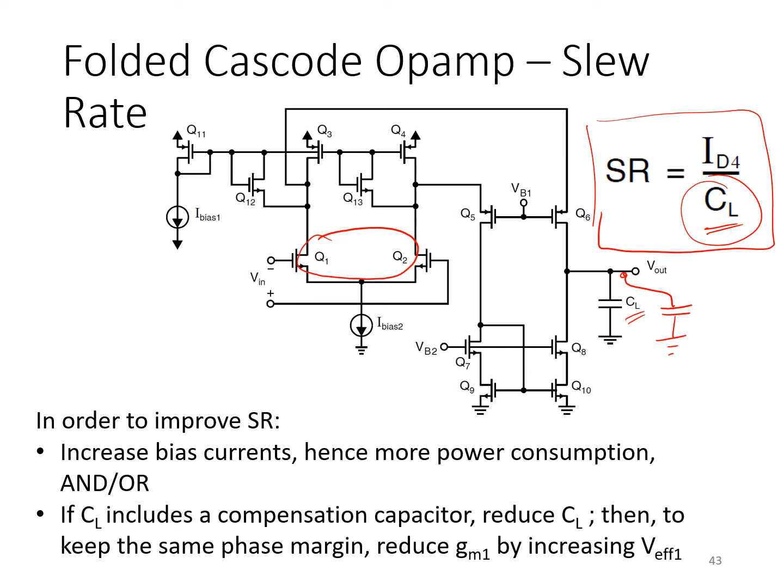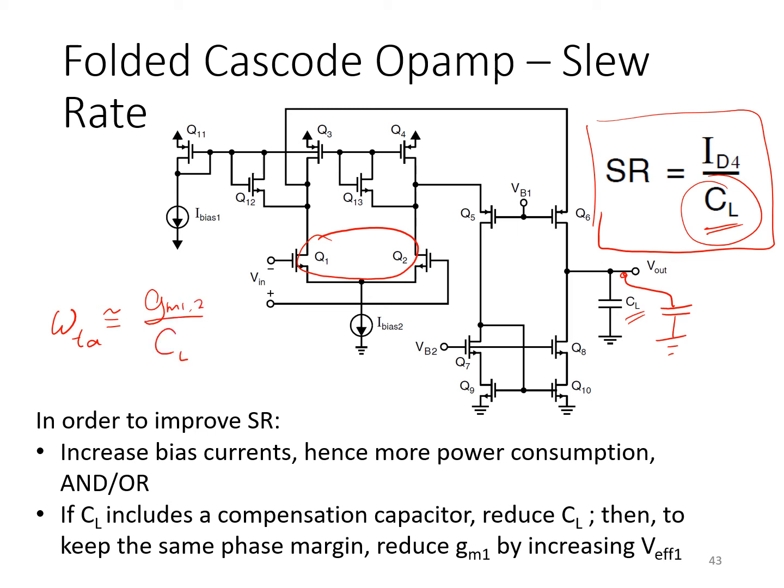You can bias it with a larger V effective. So keeping the bias current the same, you would do that by decreasing the ratio W over L. So if you do that, you reduce GM, and since you've reduced the load cap, remember that the unity gain frequency of this amplifier, assuming it's compensated for phase margin near 90 degrees, is something like the GM of the input diff pair over CL.